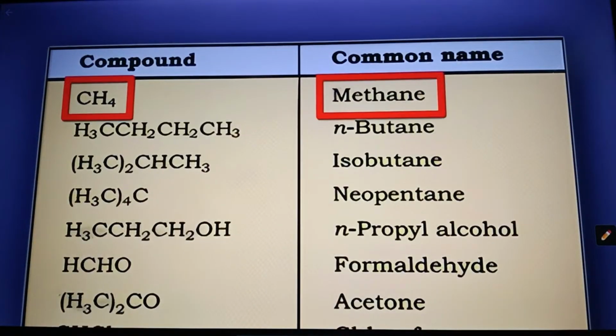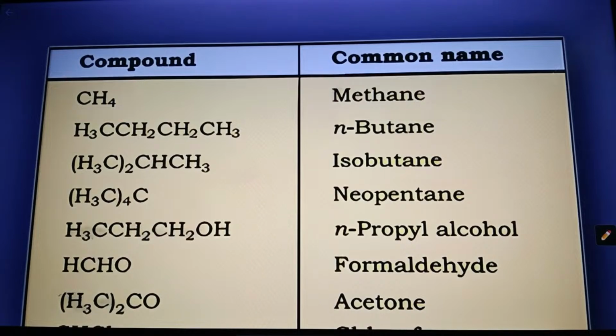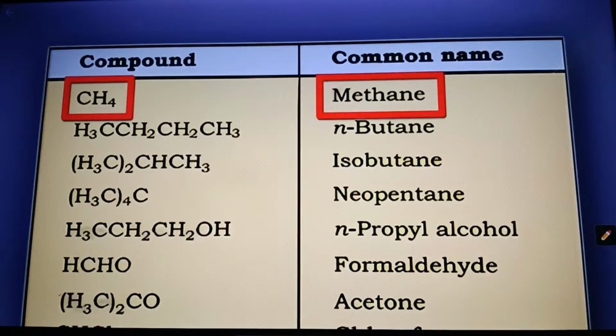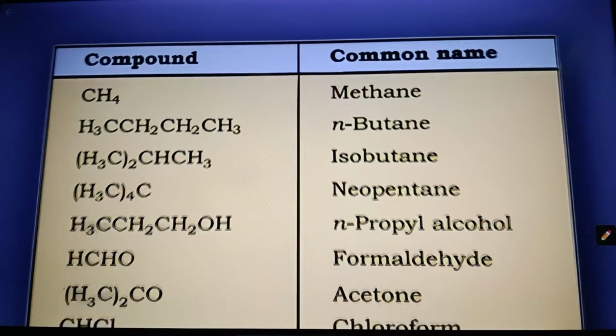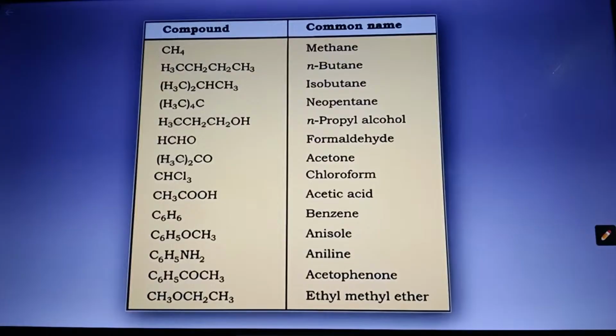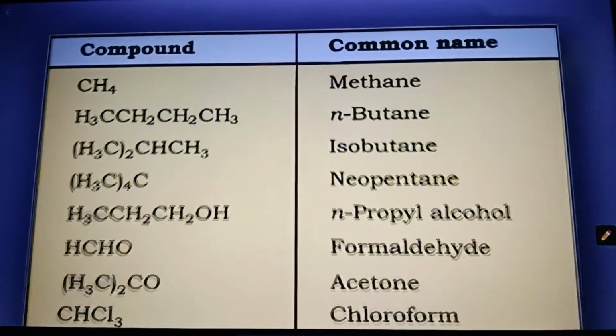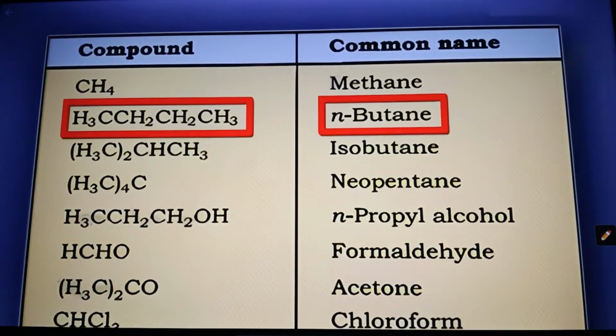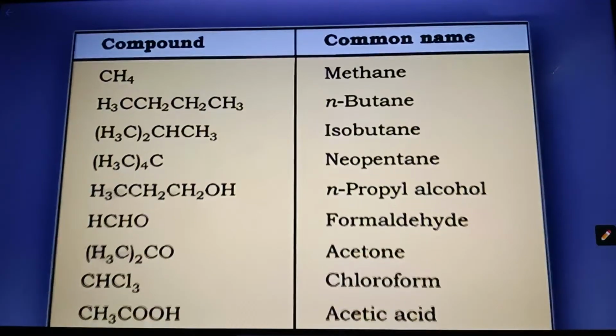So, compound CH4 has the common name of methane. C4H10 has the common name of N-butane, and so on.